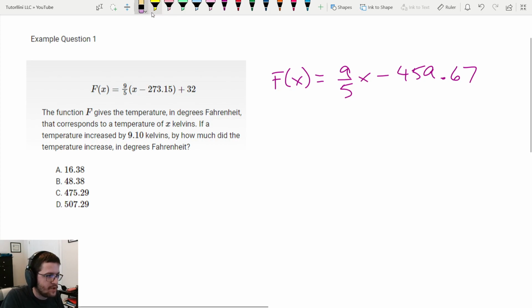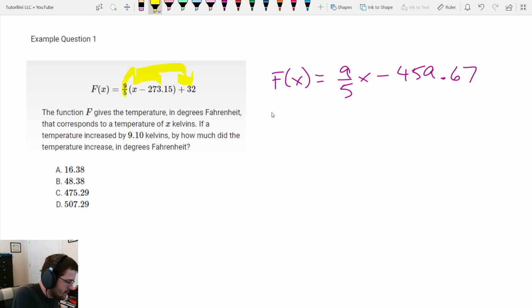All I did was distribute this guy to here and then combine it with the 32. You don't even need to do this. Let me just double check that I did that right. 9/5 times negative 273.15 plus 32. Yeah, that looks right. You don't even need to do this. I'm just trying to get you guys to realize that this is a linear function, and it is y = mx + b.